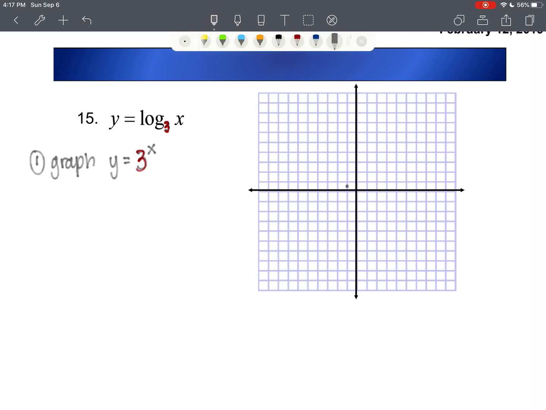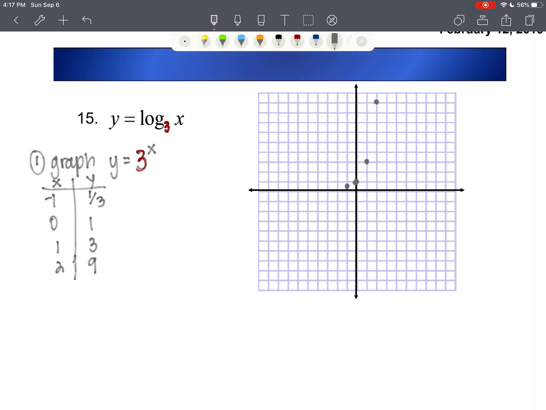I put a -1 in and I get 1/3. Let's put an x and a y. I put a 0 in and I get a 1 out. I put a 1 in and I get a 3 out. I put a 2 in and 3 squared is 9. I get a 9 out.